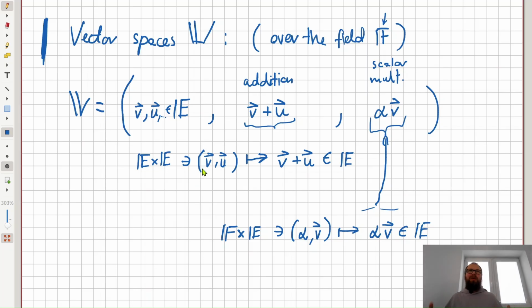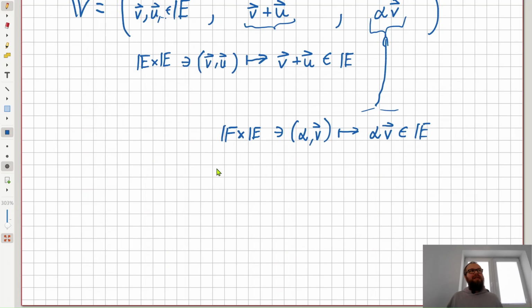Of course, this addition has some properties, and the multiplication has some properties. But here we are just looking at the existence of plus and scalar multiplication. We are not interested in the properties per se. Yes, there are some properties, but I won't spell them out for you. If you are interested, go to Wikipedia, and they would exhaustively explain how it's a ring or algebra or some group or whatever you want.